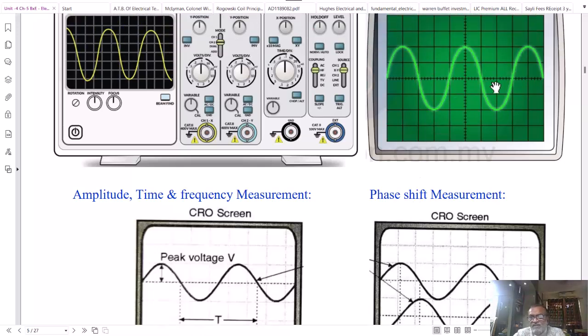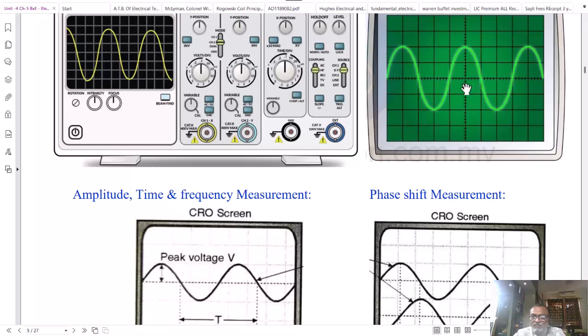You can see here in this waveform, this is one division, this is second, this will be third, and this will be four divisions, four major divisions. Then 4 times the time per division setting gives the total time between the starting point and end point, that is the cycle time period. Here one division is divided into 5 sections, meaning each subdivision is 0.2.